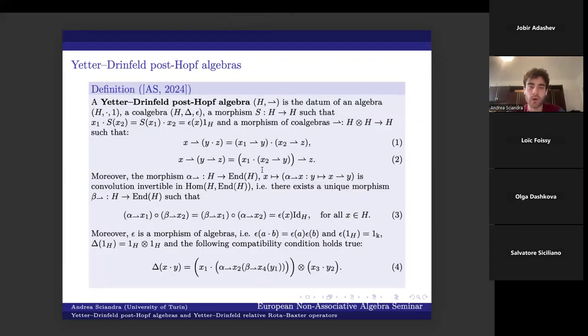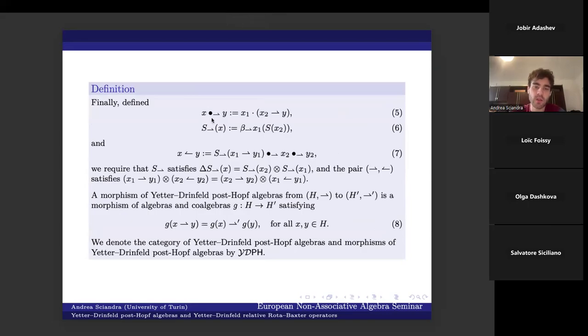And now we also require that once we define a new operation bullet in this way, and the new morphism S left harpoon in this way, using beta and S, and a right harpoon using this S and this bullet, in this way, this S has to be anti-commutative, and the pair left harpoon and right harpoon has to satisfy this condition here.